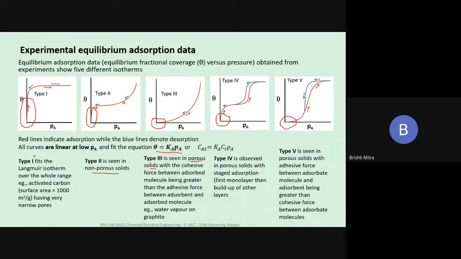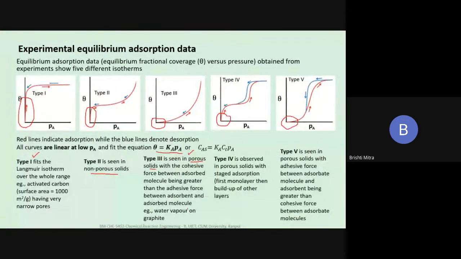So type 1 is porous solid, type 3 is also porous solid, with cohesive forces between the adsorbed molecules being greater than the adhesive forces between the adsorbent and adsorbed molecule. So what does it mean? Suppose we have a surface and there's adsorption happening here, and here, and here.